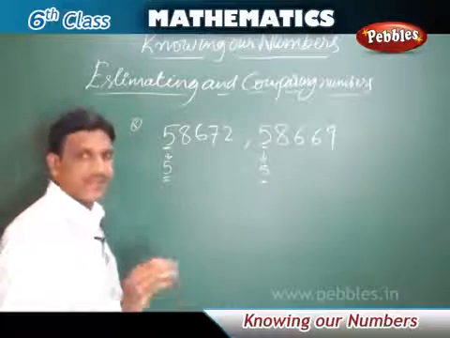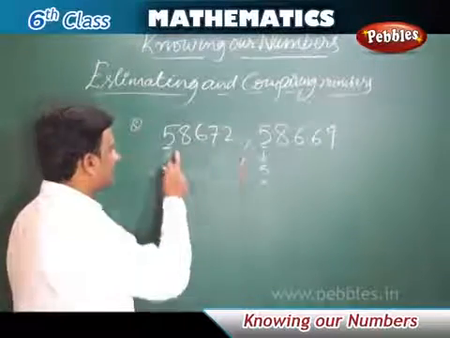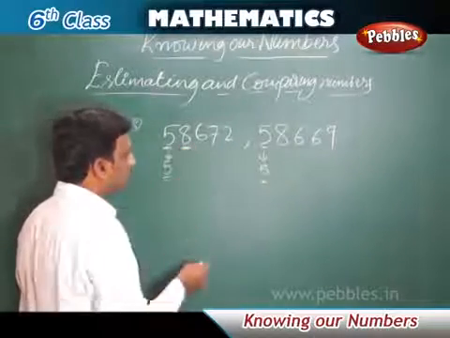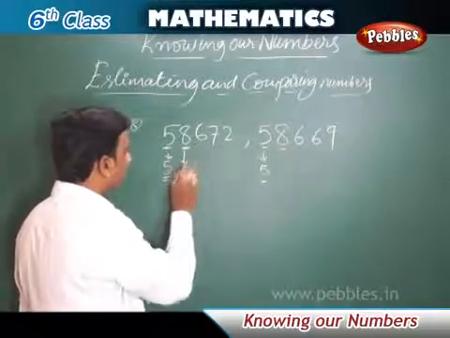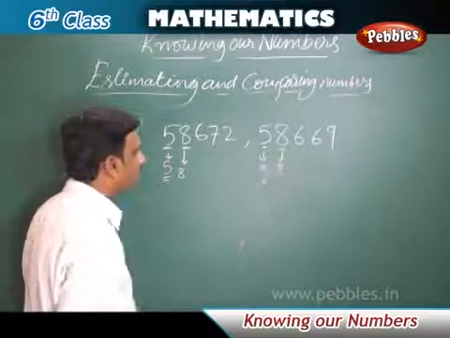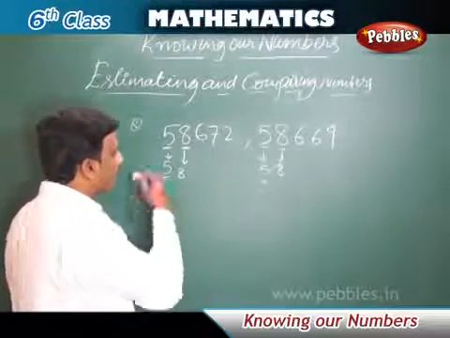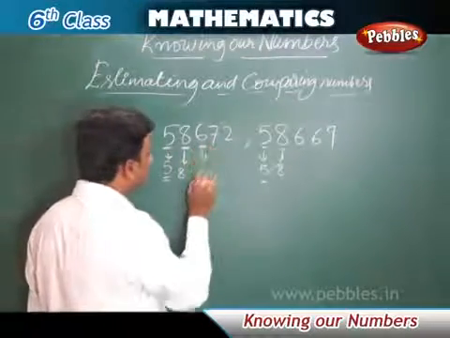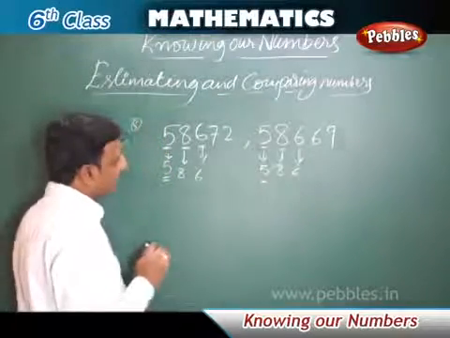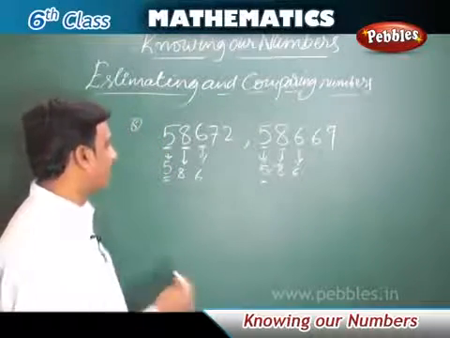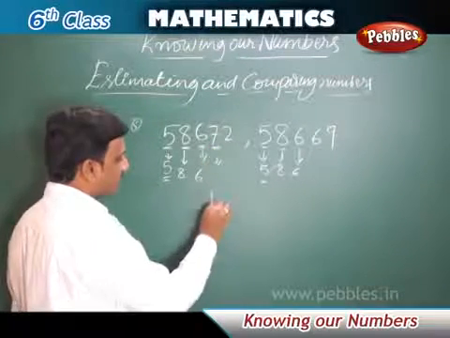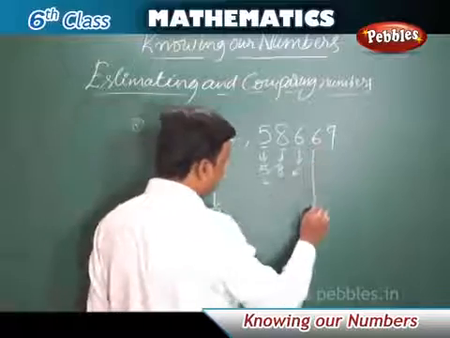If you find the same number in the 10,000's place of the given numbers, then move to the next, the thousands place. Here also 8, here also 8. So move to the next place, hundreds. Here 6, here 6. So till here both are equal. Now next go to the tens place. Here you have 7 and here you have 6.